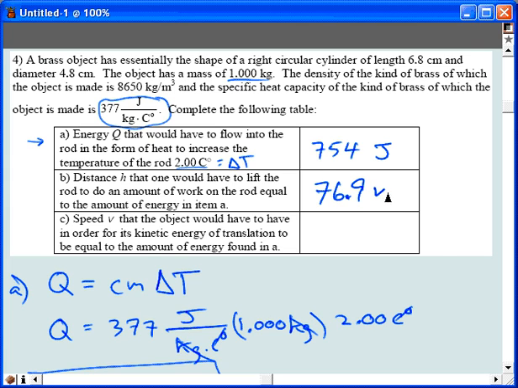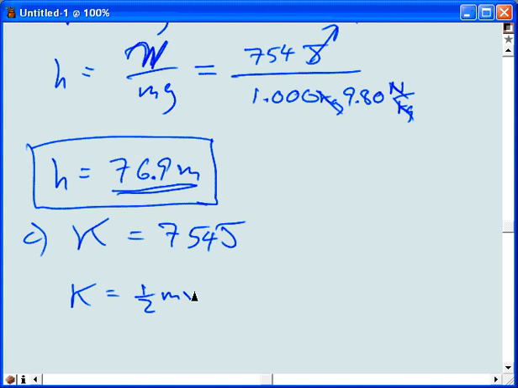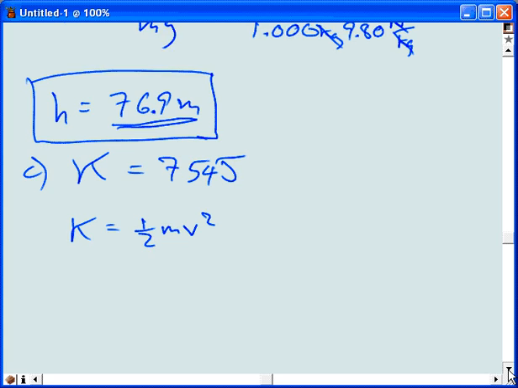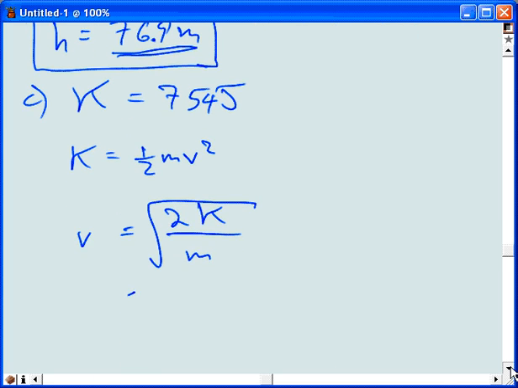Interesting. 76.9 meters is how high I would have to lift it up, and then see how fast it would have to be moving to have that amount of kinetic energy, which was 754 joules. So part C, I got a kinetic energy of 754 joules. Kinetic energy is 1/2 mv squared, v being the speed, so multiply both sides by 2, divide both sides by m, and then take the square root.